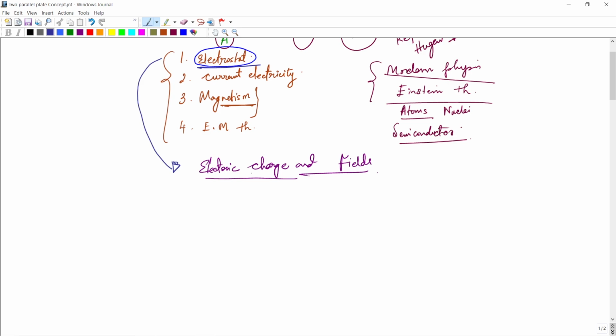So here the charge is static. A static charge means the charge is not moving. And we know, what is the charge concept?